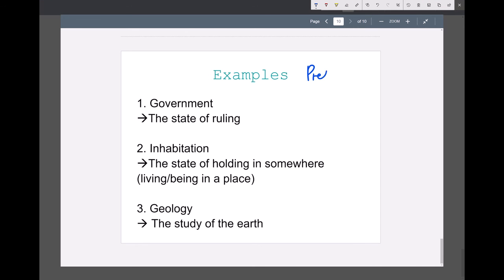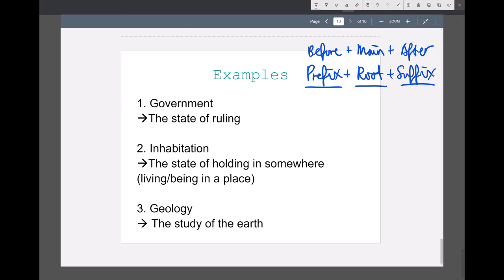You have the prefix, a root, and a suffix, before the word, the main part of the word, and after. Recognizing these parts would help you guess the meanings of words, and changing or adding parts would change the meaning of words.